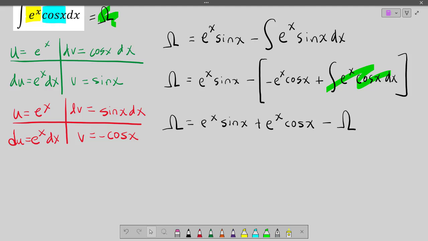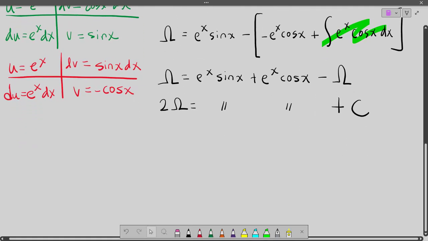Now what do we do to both sides? Add omega to both sides. How many omegas are on the left? 2 omega. And on the right, we're going to have that same thing, and as soon as we move that omega, on the left we have an indefinite integral. An indefinite integral is a family of antiderivatives, so there needs to be a plus c on the right.